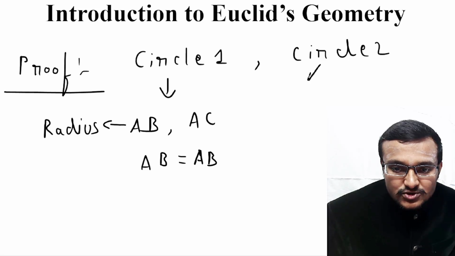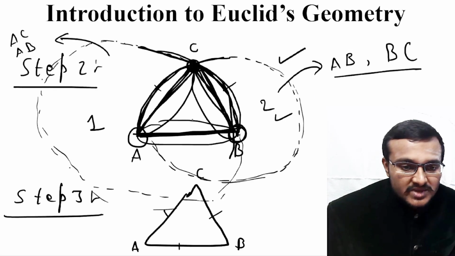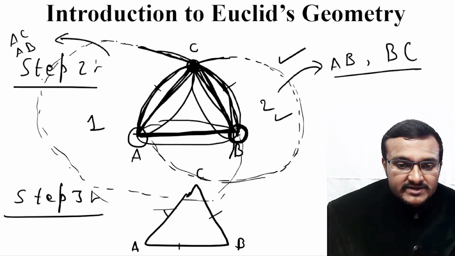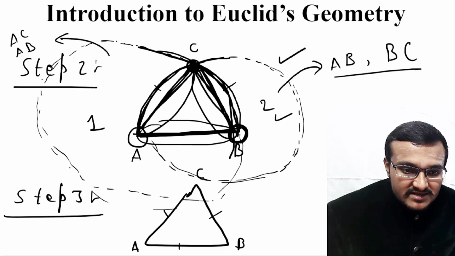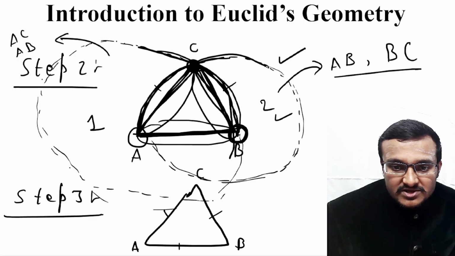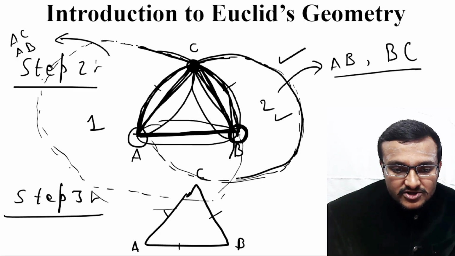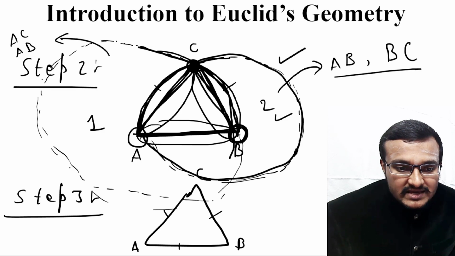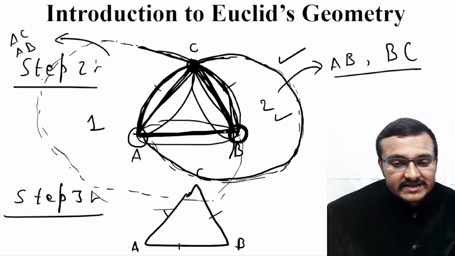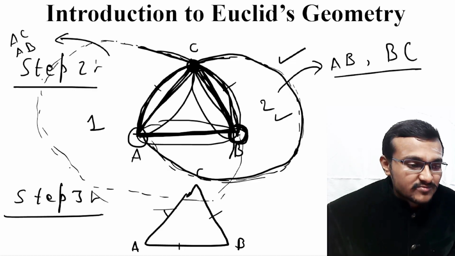So now in circle 2, here B is the center point. For this particular circle what you have drawn here, AB is the radius and BC is the radius because B acts as the center point.